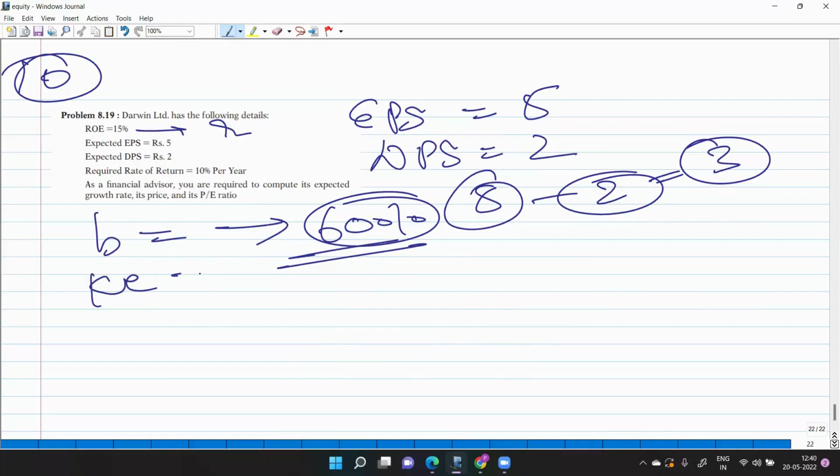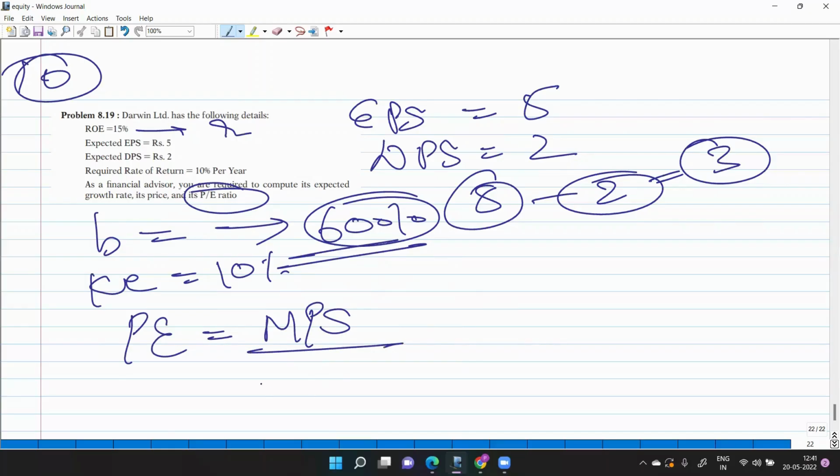The required rate of return is 10%. I have to calculate the PE ratio. In order to calculate the PE ratio, I need two things. That is price, that is market price per share, and EPS, right? तो मैं कैसे निकालूंगी? Market price is nothing but the value of share. Value कैसे निकालूंगी?